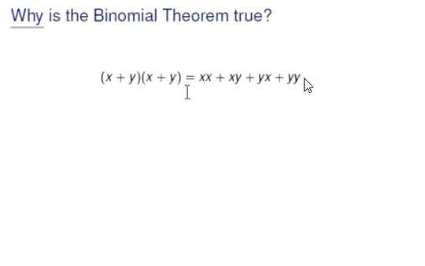So this is the same formula we solved previously for (a plus b) whole square, and we can see it here also. What is it? x square plus 2xy plus y square, which is equal to this particular representation of the multiplication of x plus y and x plus y.